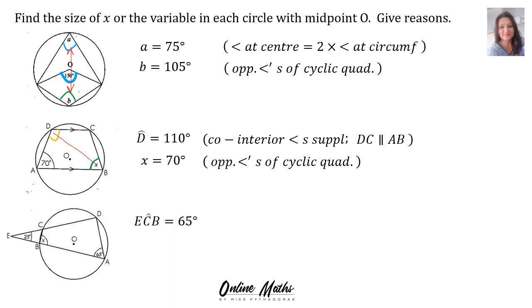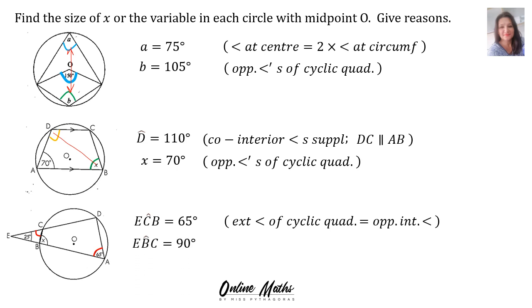In the next one, angle ECB, that tiny little angle there, is 65 degrees. And your reason is that exterior angle of a cyclic quad is equal to the opposite interior angle. There at angle A, that one, that's the exterior angle, is equal to the opposite interior angle.